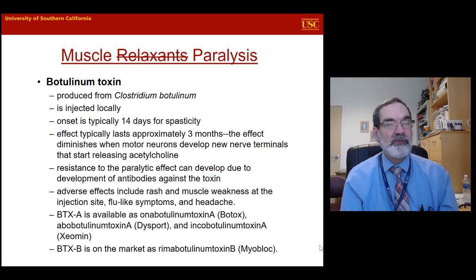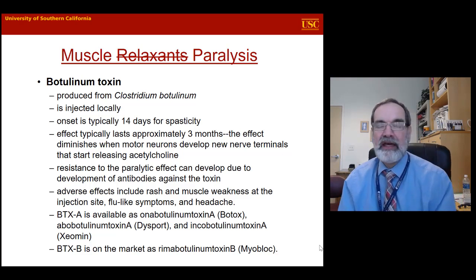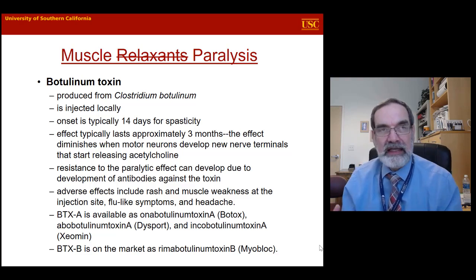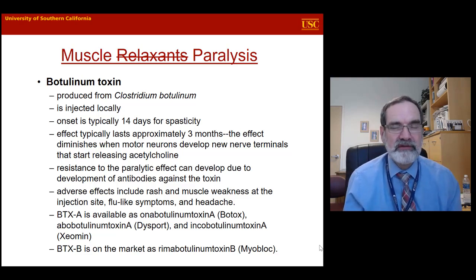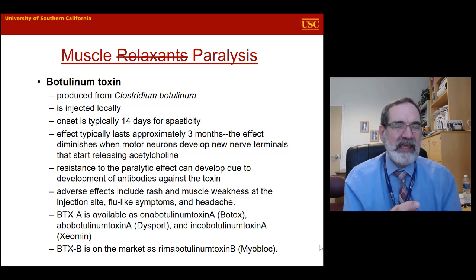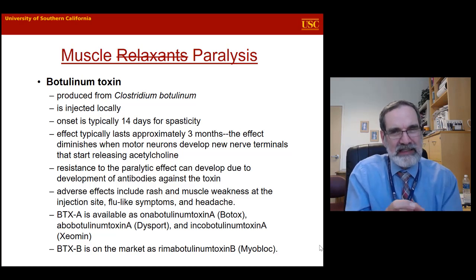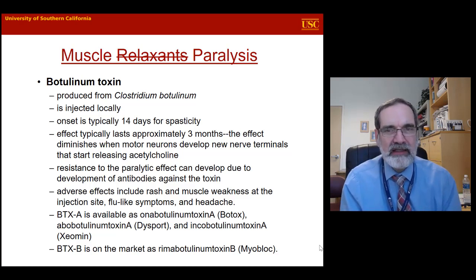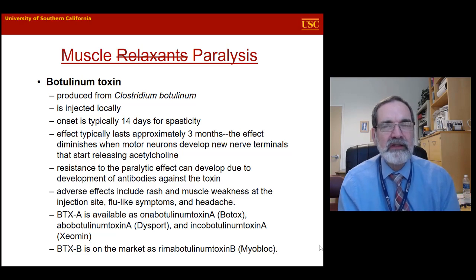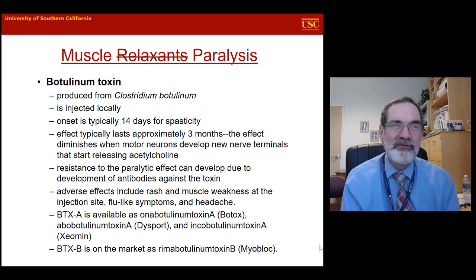It comes from a bacteria that can get inside food. So the classic canned good where the can is puffed up and there's gas inside of that can, that's caused by the Clostridium botulinum bacterium, and the food in it is likely to be deadly.